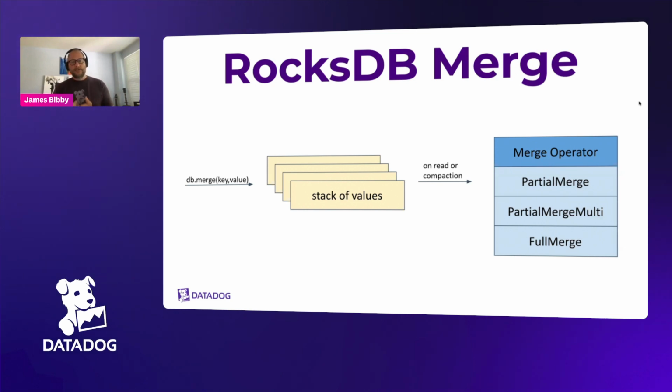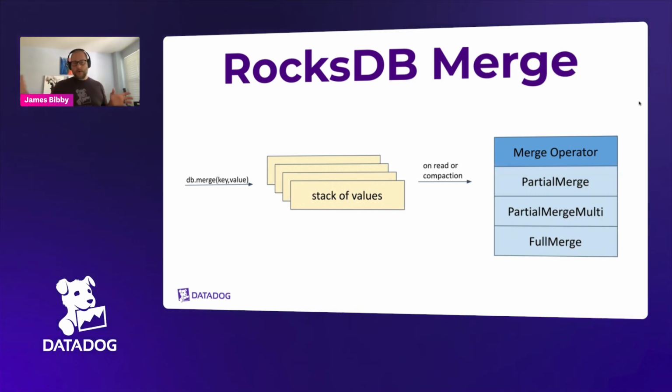Once is when a compaction cycle happens. It might take up to 100,000 of those pending merge operations, so a whole bunch of roaring bitmaps that are waiting to be merged. It will ask you to merge them and then write the final value once into the database or onto that disk-backed persistent storage.